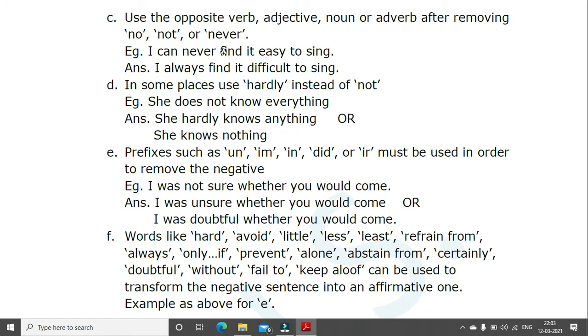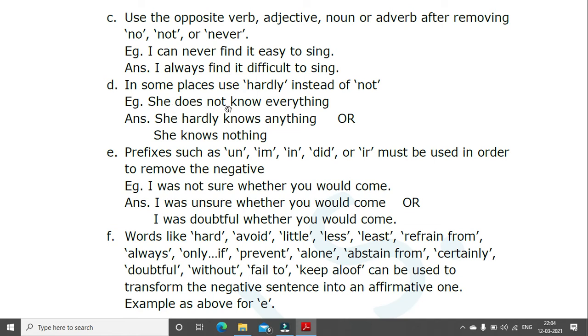So, I can never find it easy to sing. See, never is a negative word, so you will always remove it and add the opposite. Never, opposite, always. So I always find it, opposite of easy, difficult to sing. If it's not easy, it is difficult.